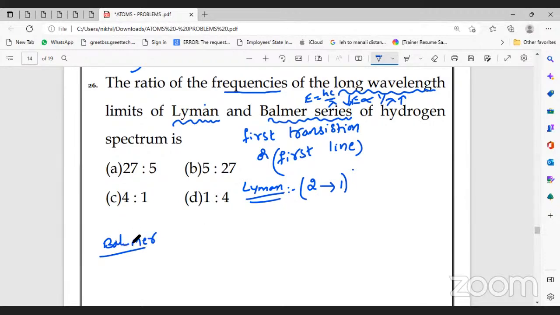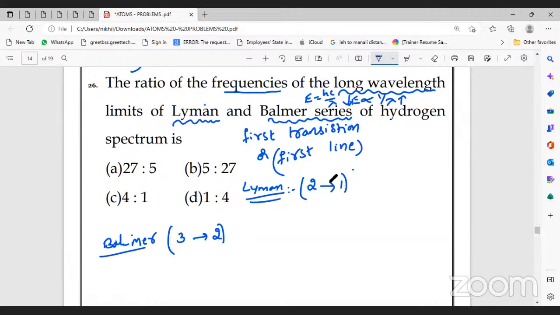For Balmer series, the electron has to take a transition from a higher state to the second state. The first line means 3 to 2.